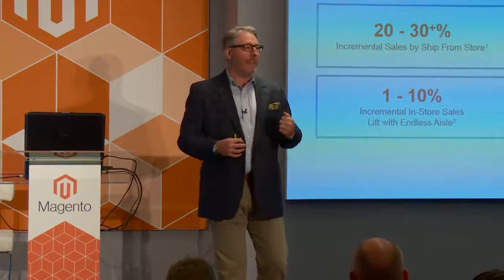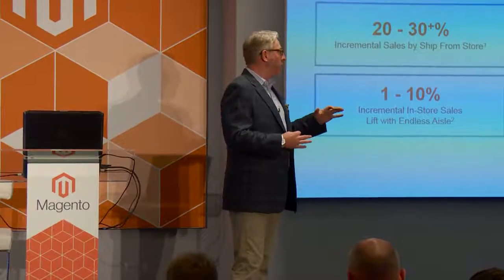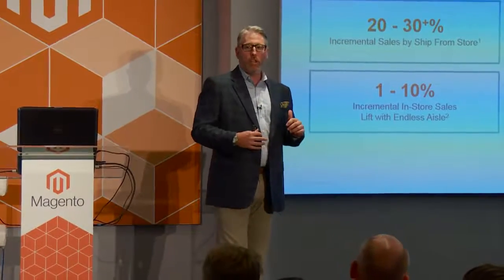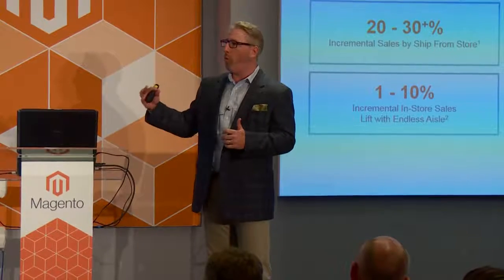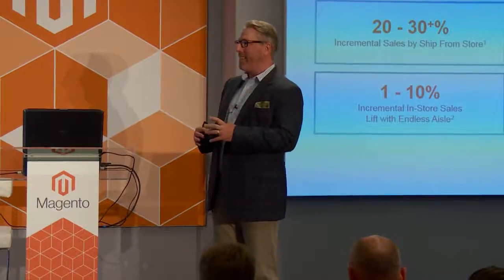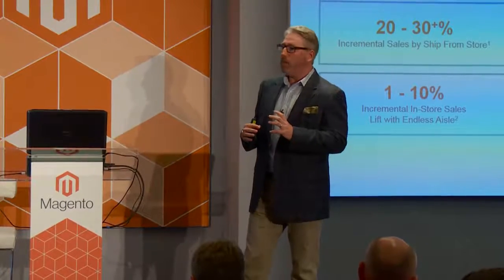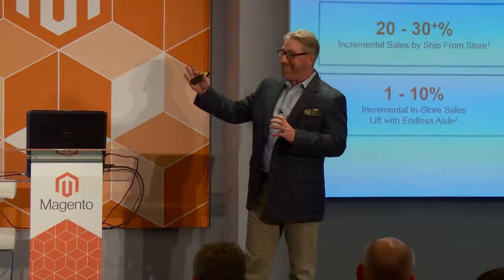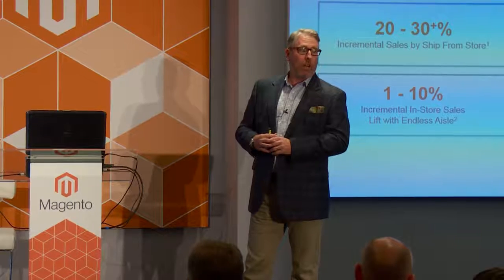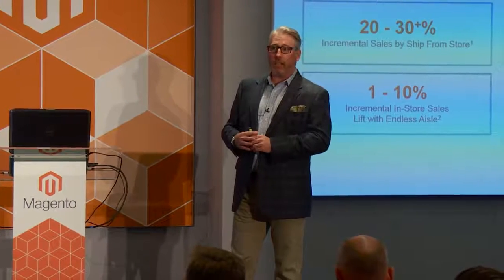If you can do endless aisle, save that sale by tapping into inventory across the network, you can turn those into sales that drive 1 to 10% chain sales. This isn't e-commerce sales, this is chain overall sales if you do endless aisle properly. And this is yet another example that we saw that I'll mention in Devlin in a couple of minutes.